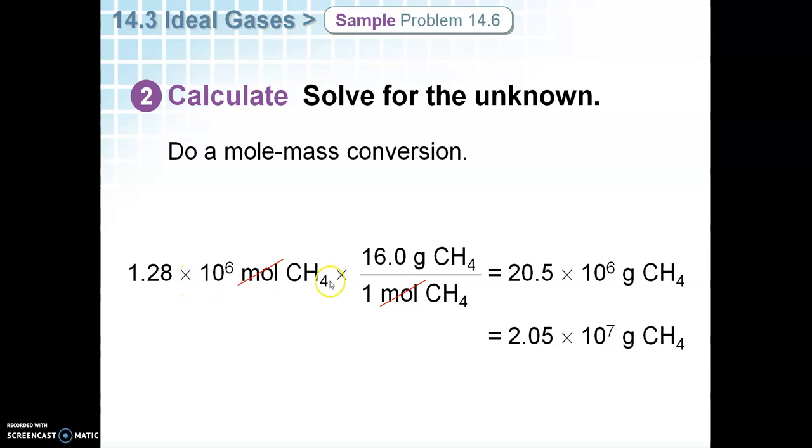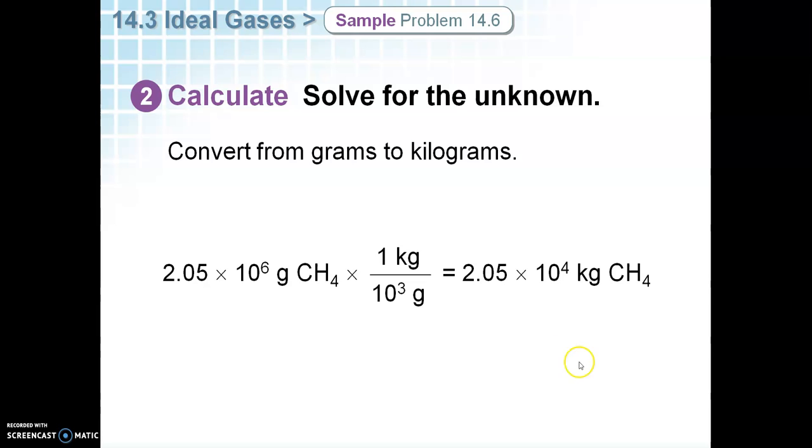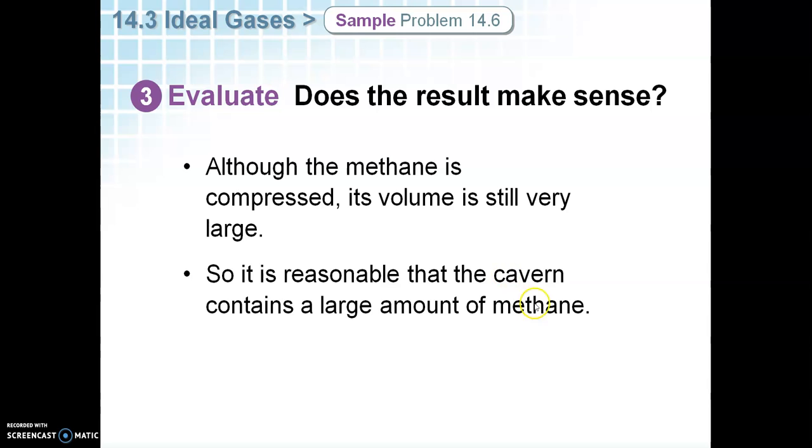We can do a moles to gram conversion. You're not allowed to forget those older chapters. And now we have the grams of gas in there. And of course, from grams to kilograms, you slide the decimal, and we get 2.05 times 10 to the 4th kilograms, which is a lot of methane. But it's a whole cavern full of methane, so I guess that's understandable.